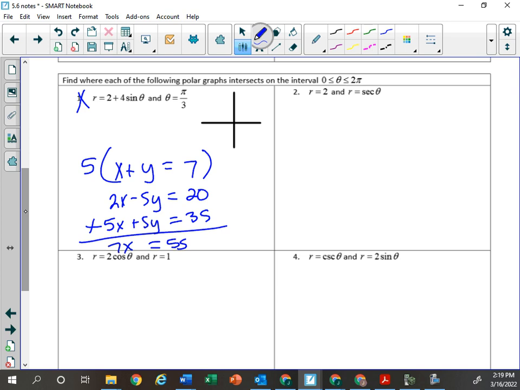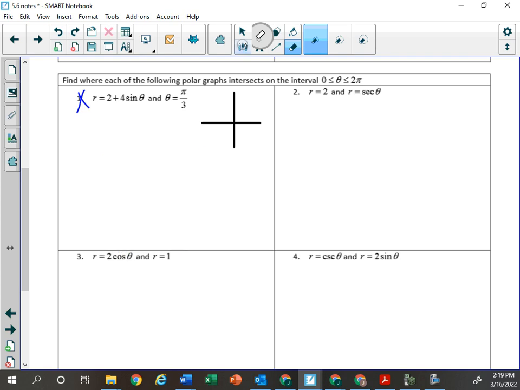Who does not know how to use elimination? Did you not do this in Algebra 2? All right, I didn't know you guys didn't know that. Okay, I will just make one up here.